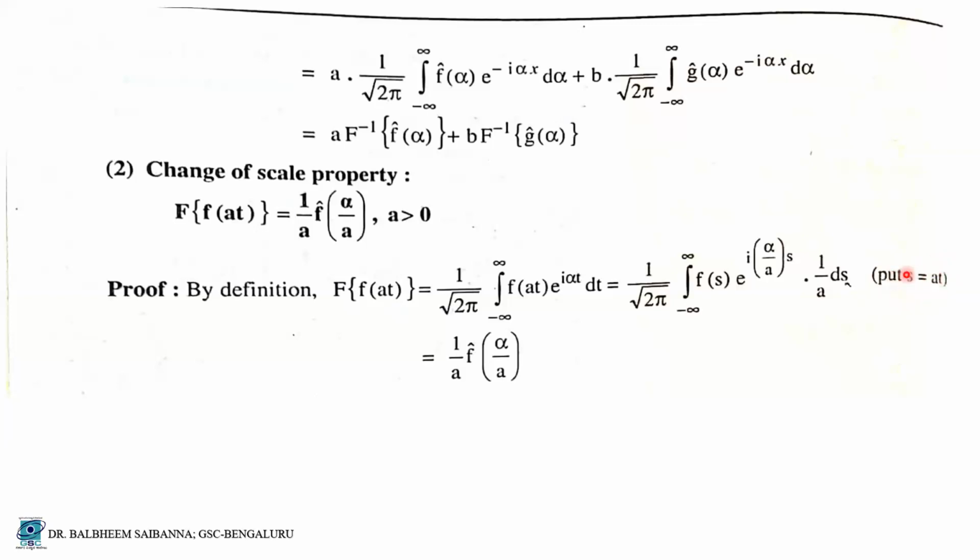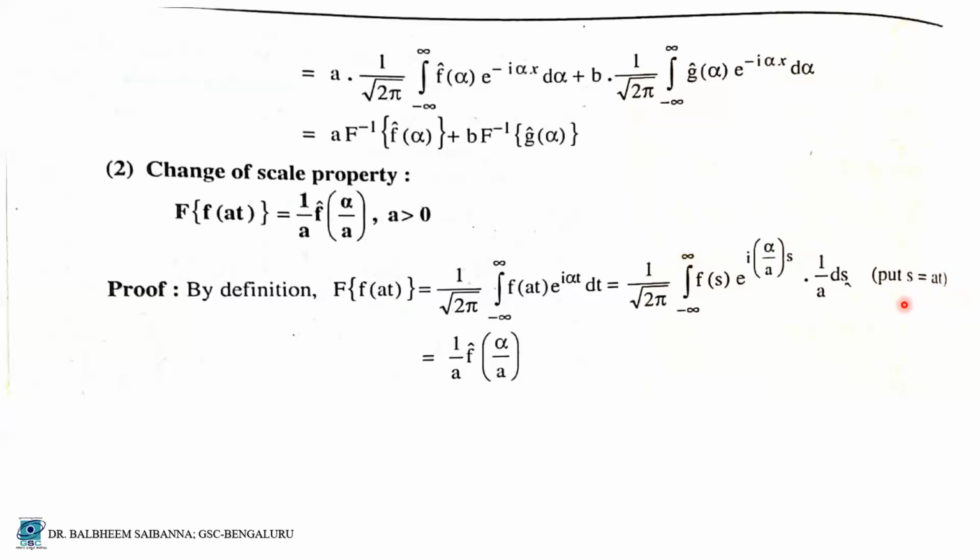When we take the substitution, the integral limits also change. When s is equal to minus infinity, t is also minus infinity, and when s is equal to infinity, t is also plus infinity.